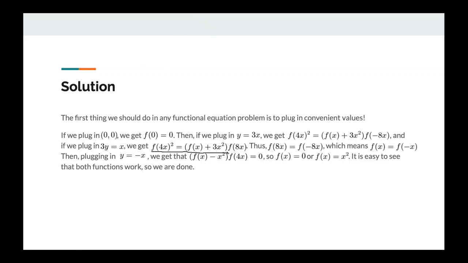And when we compare these two expressions, we can easily see that the only difference between them is this term that I'm circling right now. So that means that f of negative 8x equals f of 4x squared over f of x plus 3x squared.